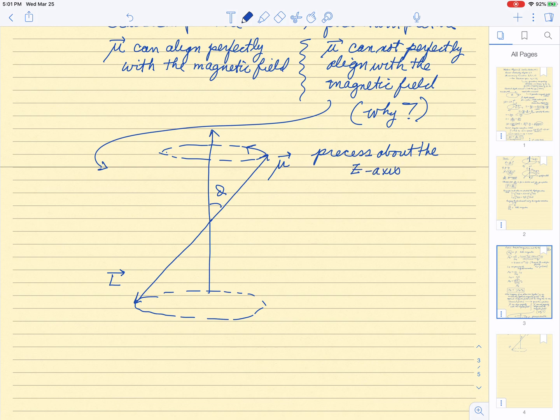Now remember, the magnetic field is oriented along that direction, so we have b k caret along the z-axis. So we'll draw b vector as b magnitude k caret. So what happens in this case, and again, you might want to look up on YouTube.